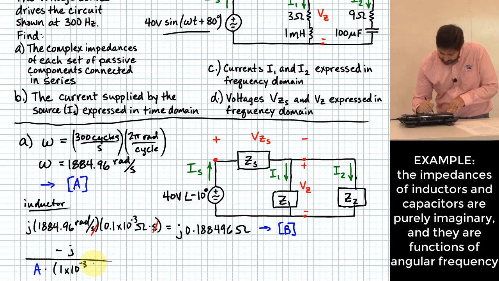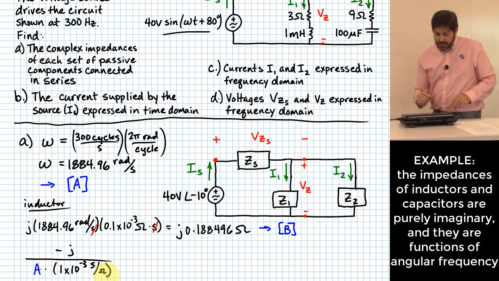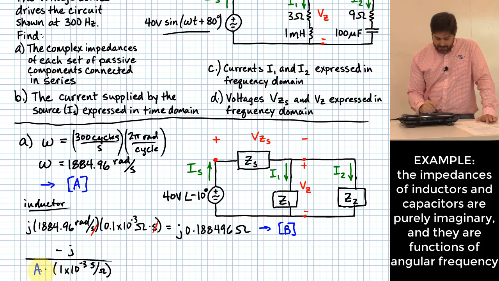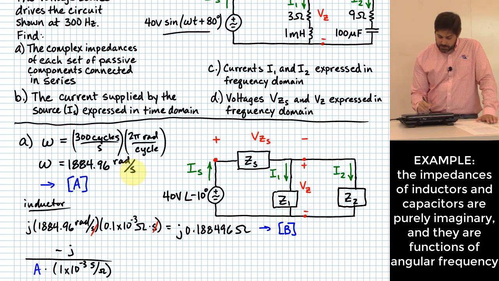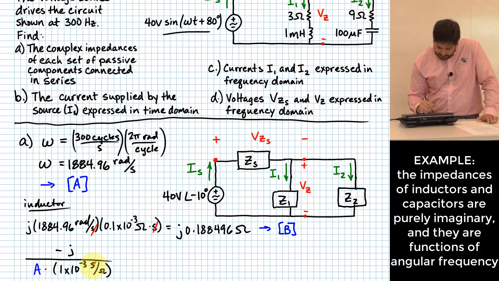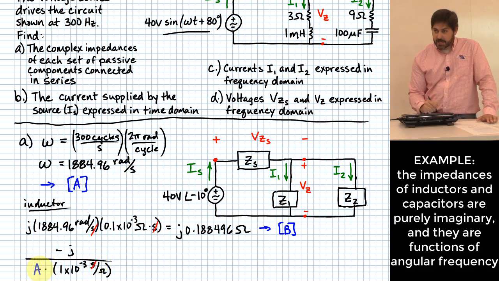Seconds per ohm, right? Now, it's a good idea here, because I didn't write down my number with units for A. What units do I have in A? Radians per second. What you'll see happen is that the seconds will divide out the seconds that were in A, right? And you'll end up with 1 over ohms, but that's in the denominator.